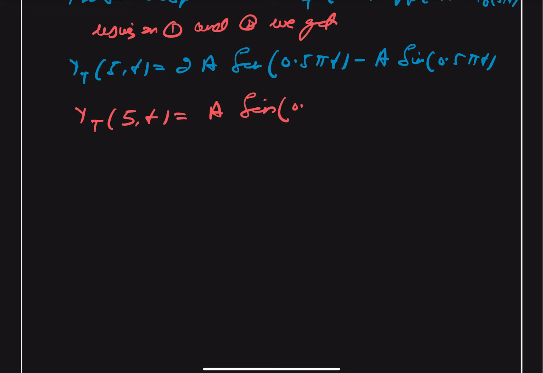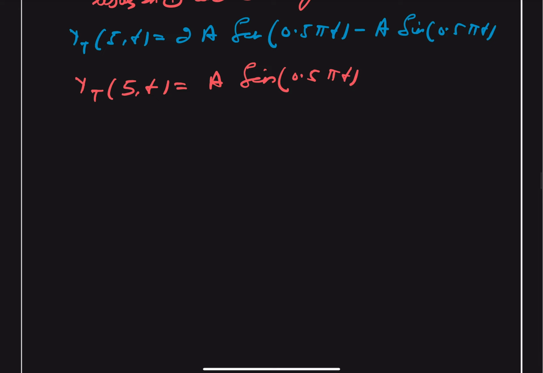And for maximum displacement, obviously the value of sine of 0.5 pi t should be equal to plus or minus 1. So therefore we can say the displacement will be equal to a. Maximum value should be equal to a. So it means basically a destructive interference is going to take place.